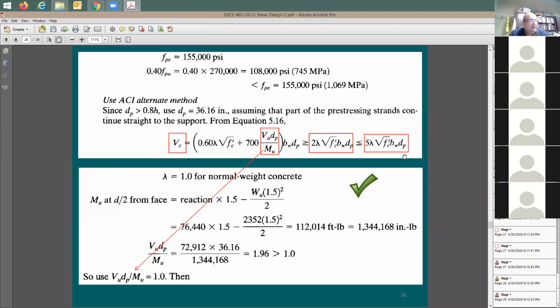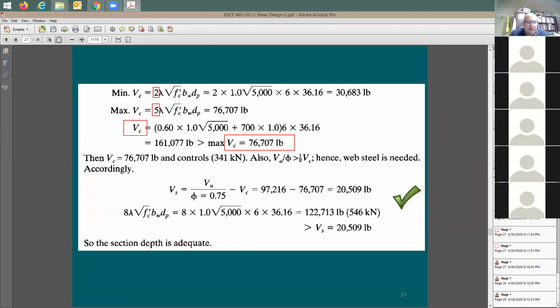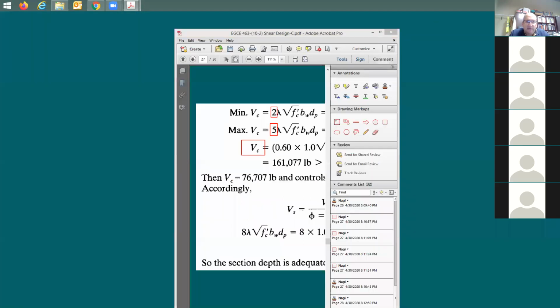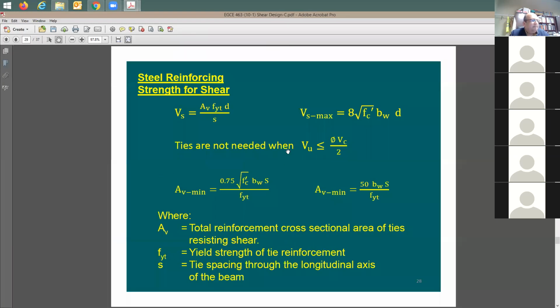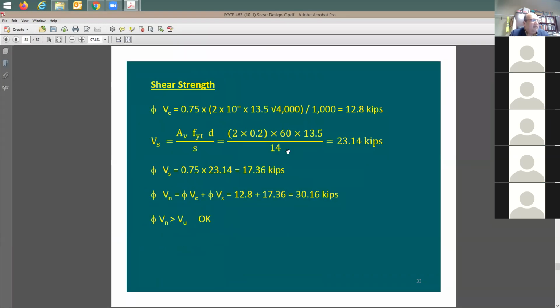If you need ties, you can add ties. And you have two good examples. You have this example here, and then the other example, which is slide set number 1, right here, 10-1. How do you add the steel? How do you add V sub S, and the calculation that you guys have taken in Concrete 1?